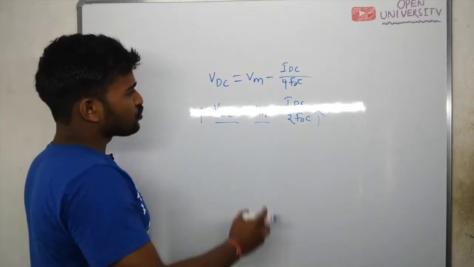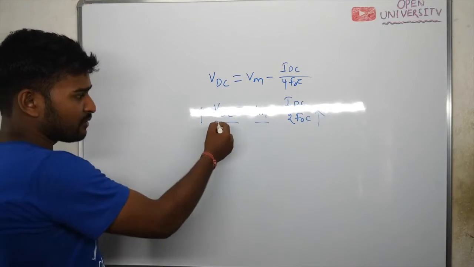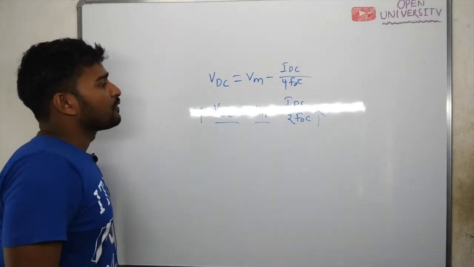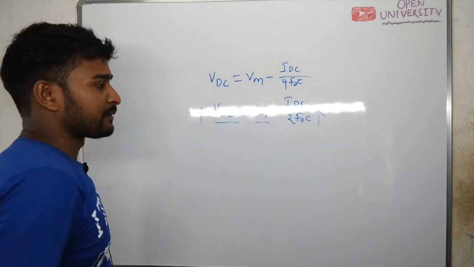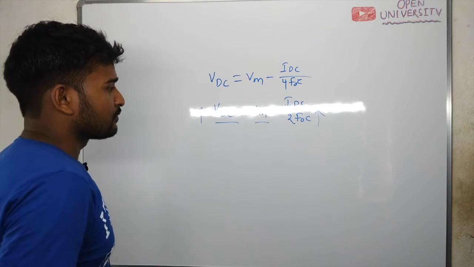So between these two, is the DC voltage of the half wave rectifier greater or the full wave rectifier greater?